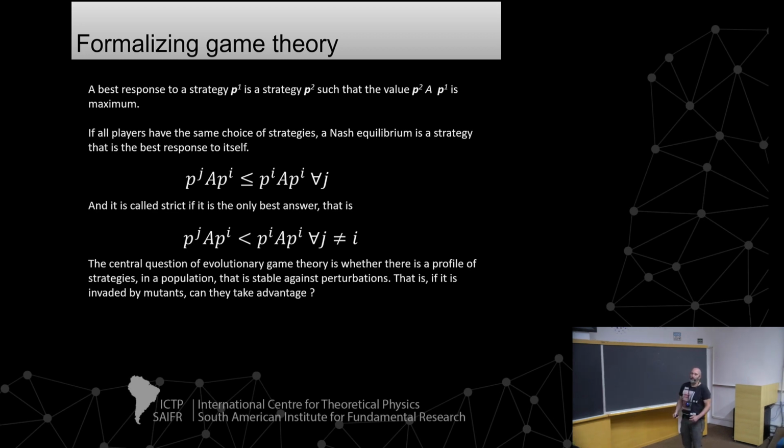If the players have the same strategies, the payoff matrix should be symmetric, because there is no difference. When you say that all the players have the same choice of strategies, you are somehow saying that the payoff matrix is symmetric. It's almost the same thing.